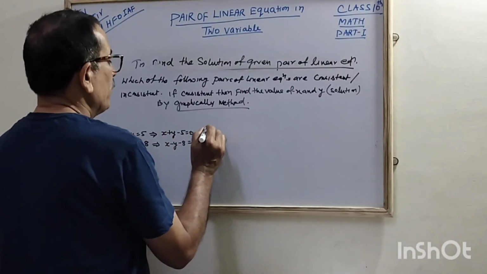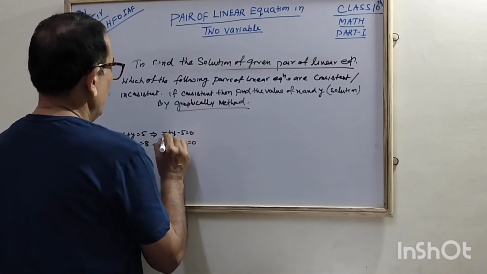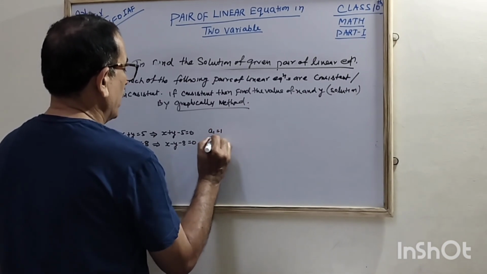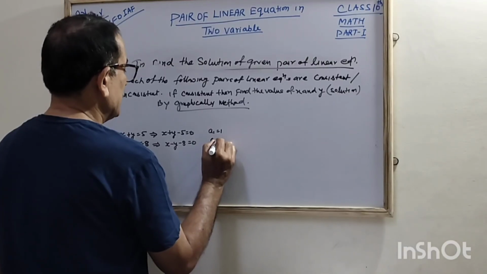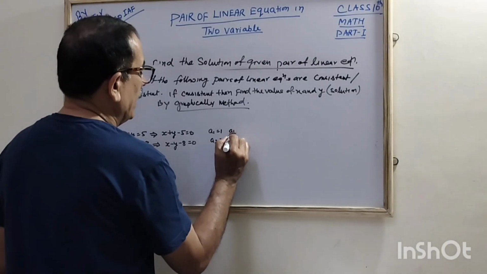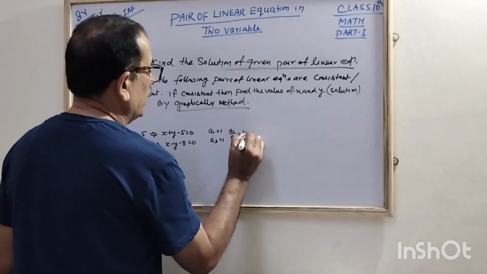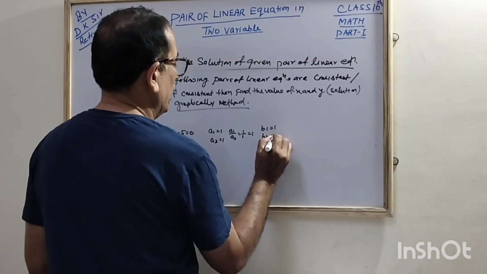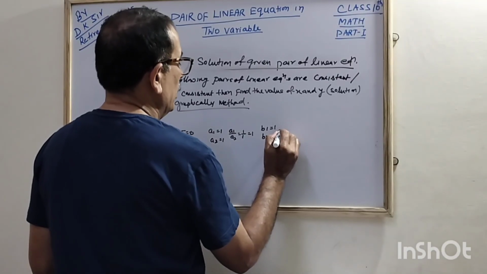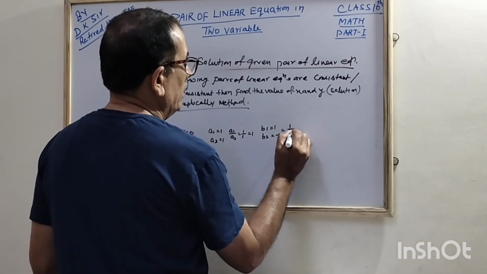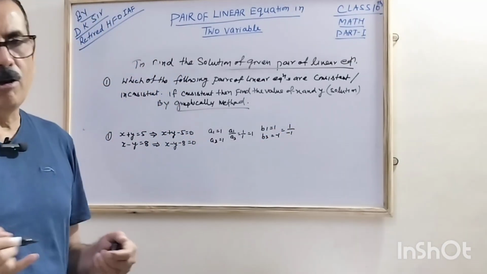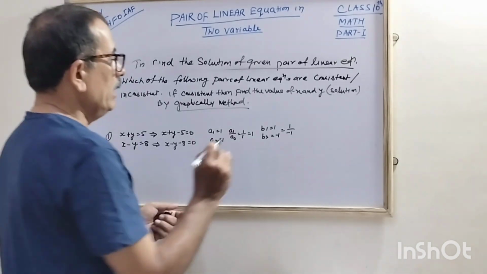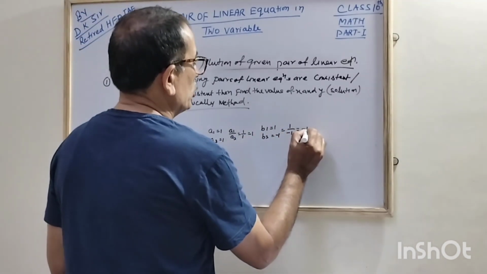First we will check whether it is consistent or not. In the first equation we find that a1 is equal to 1, and a2 in the second equation is also 1. So a1 by a2 is 1. And b1 is equal to 1 and b2 in the second equation is minus 1. So b1 by b2 is 1 by minus 1, which gives minus 1.